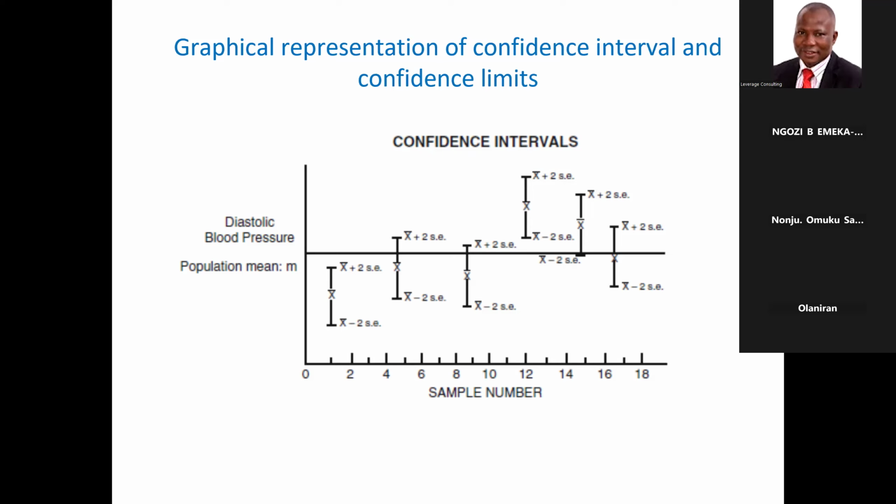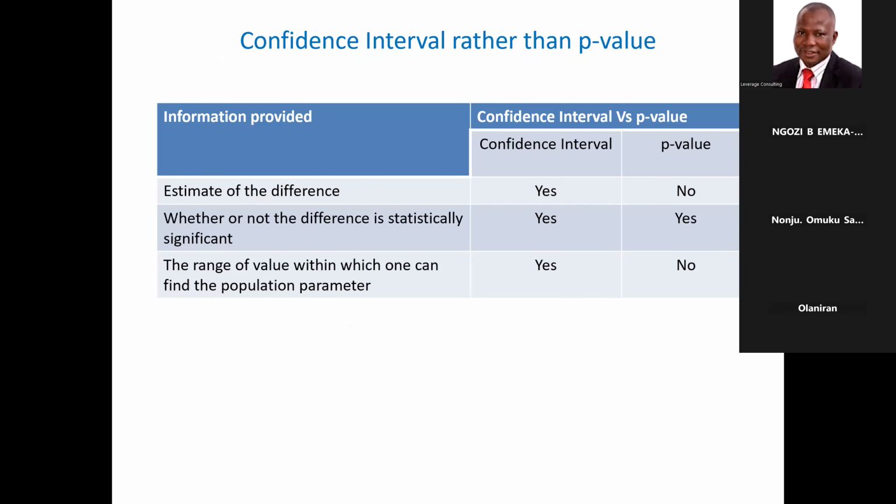And for number 4, counting from left to right, everything is above the mean. So it's only number 2, 3, 5, 6 that cross the mean, because I already told you the population mean is that horizontal line. So it's only 4 out of these 6 samples that contain the real population value. That's how to conceptualize confidence interval.